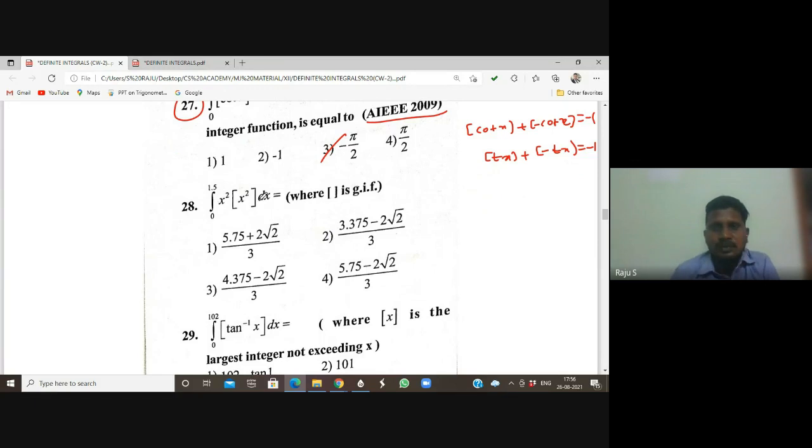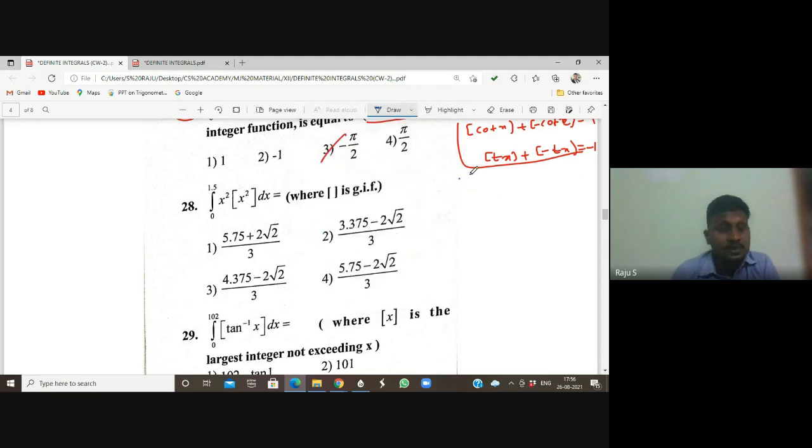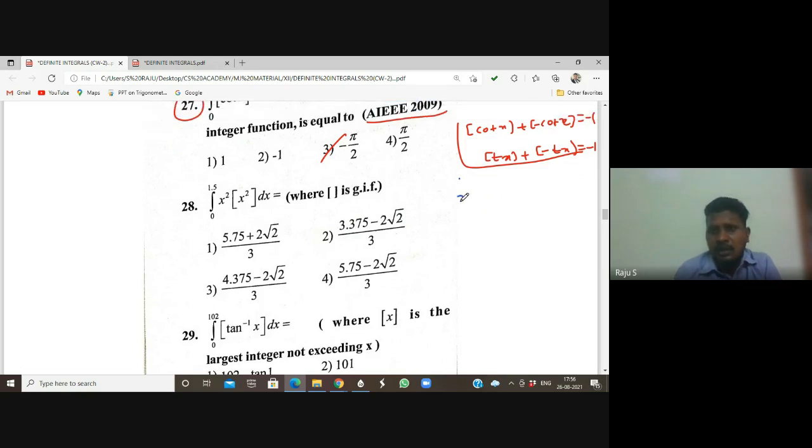Coming to this kind of algebraic functions, I'm going to tell you shortcut methods, whenever it is square, whenever it is cube, whenever it is root, cube root, square root, like that. Whenever x is there, you have to divide the given integral into 0 to 1, 1 to 2, or 2 to 3, and so on.